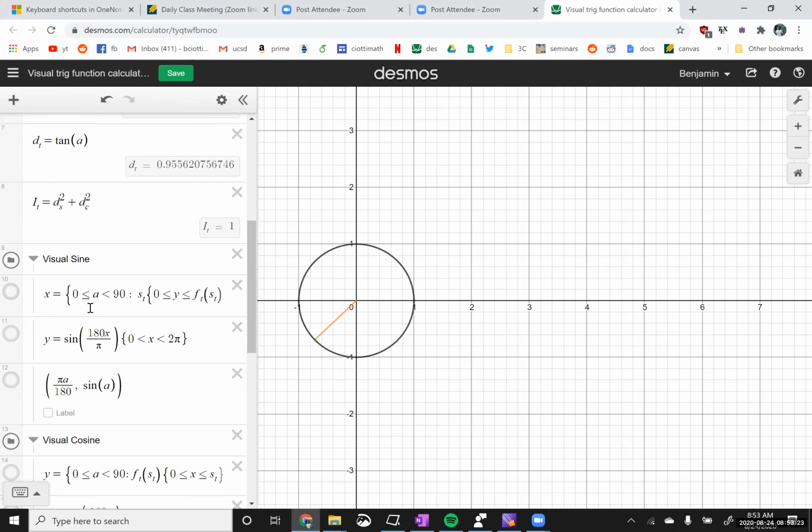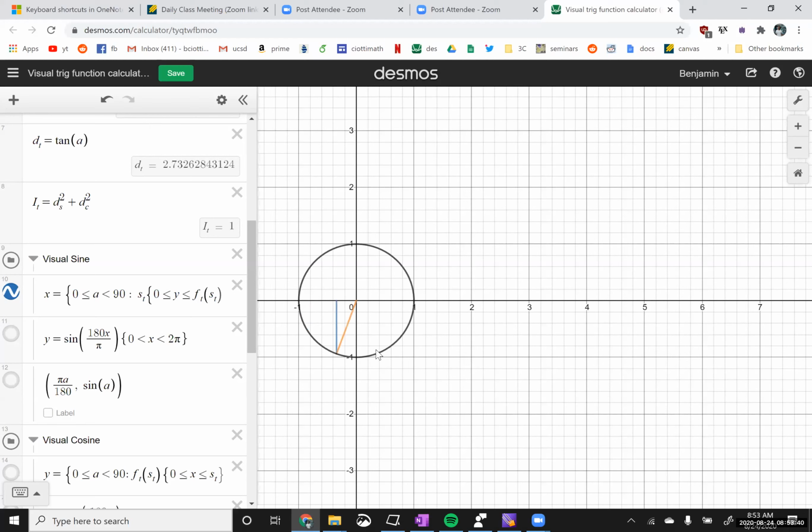There. That blue line is your y value of the point on the unit circle that we're keeping track of. But that's the same as the sine of the angle, right?